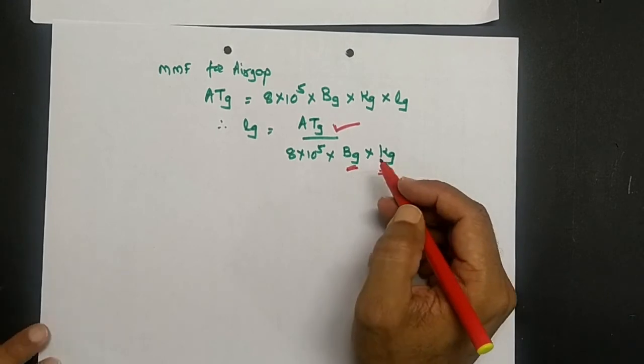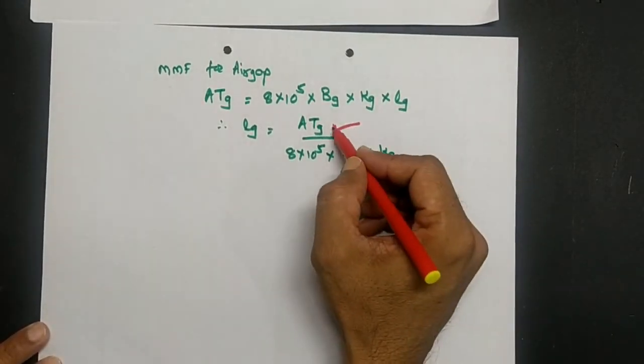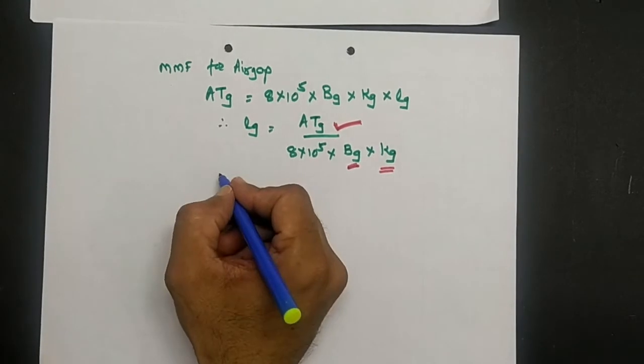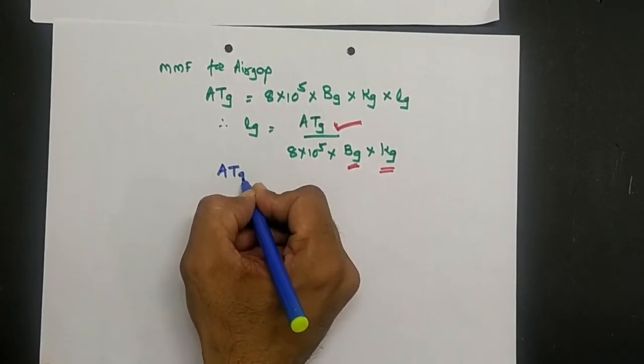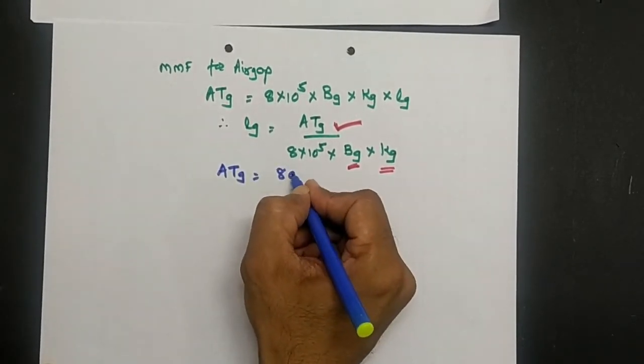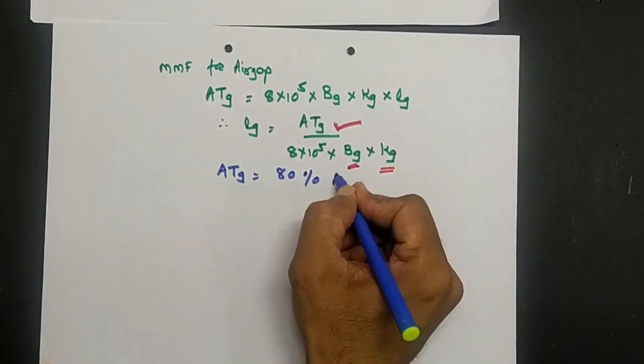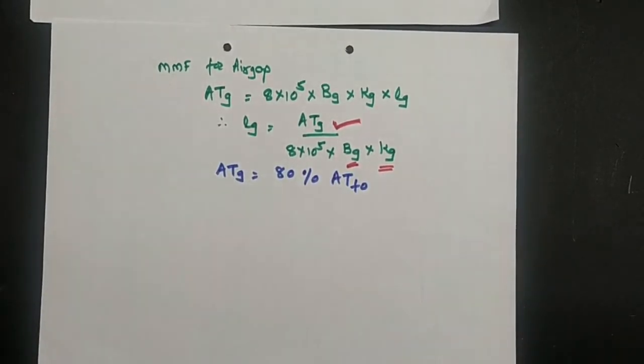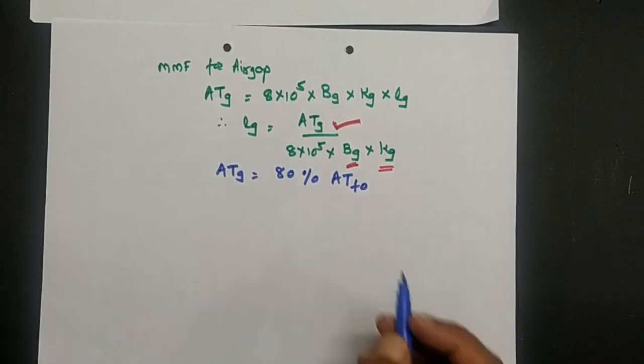So ultimately we need to calculate only the ampere turns for the gap. For that we have been given one equation: ATG is 80% of ATF.